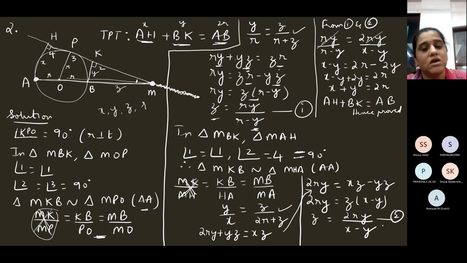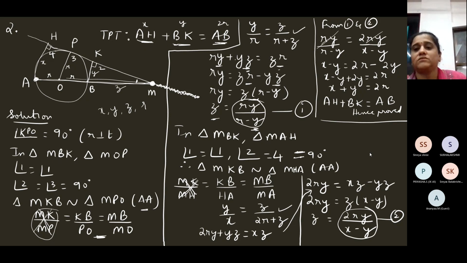Now from 1 and 2, when you equate 1 and 2, because we have 2 expressions for the same Z, they are equal. So from 1 and 2, we get RY by R minus Y is equal to the right side of the second equation.